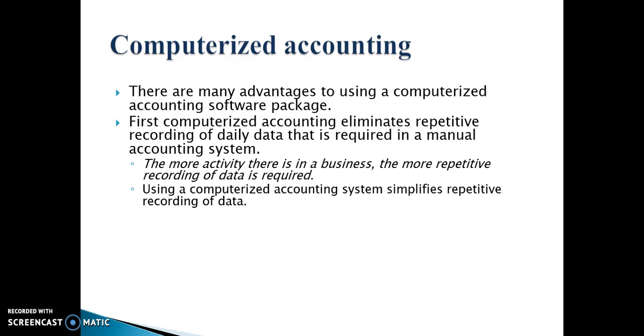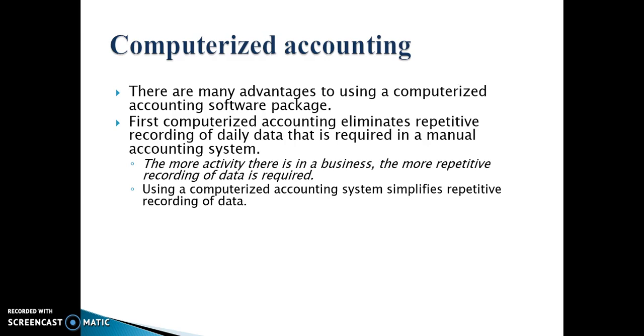There are many advantages of using a computerized accounting software package like QuickBooks. First, computerized accounting eliminates repetitive recording of daily data that is required in a manual accounting system. So things that are repetitive, that are used from one journal to another journal to another journal, we only have to record one time using a computerized accounting system like QuickBooks.